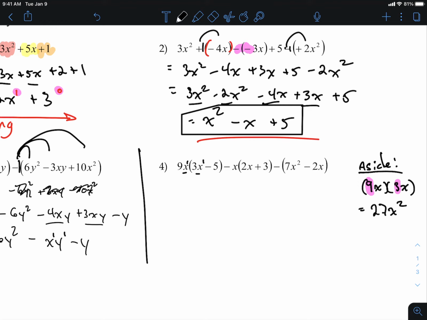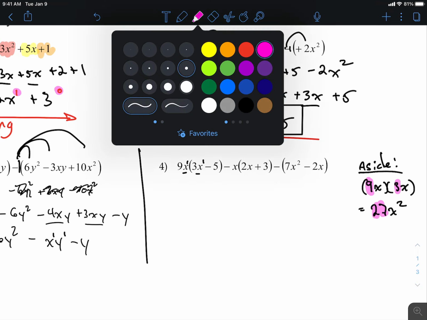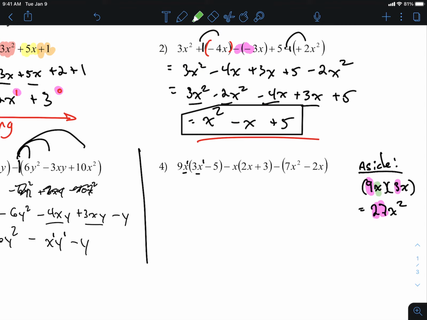Okay? 9 times 3 turns into 27. And the second piece of this is x times x turns into x squared. You're not adding the variables, but you're adding the exponent on each of them, which in this case is 1. So 1 plus 1 gives you the 2.